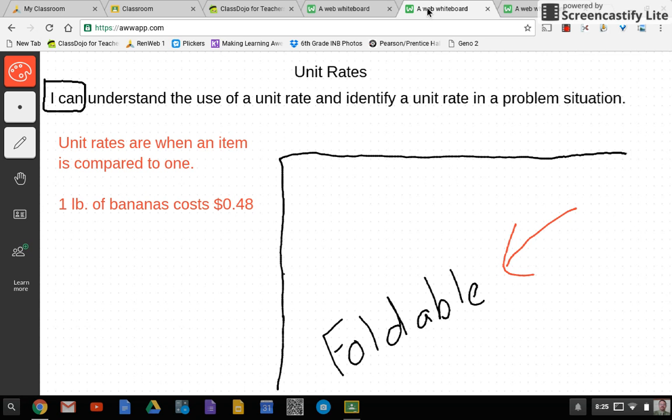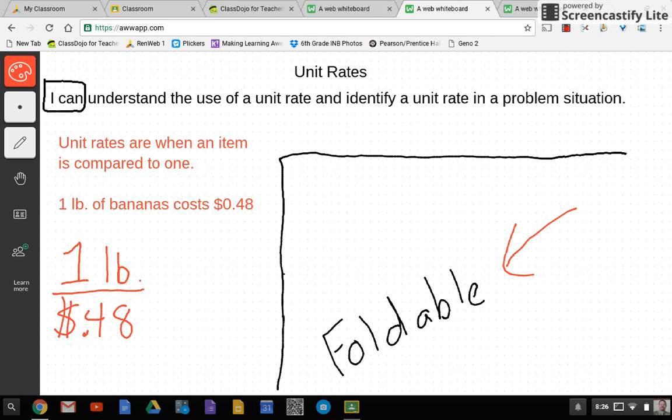So on this example right here, we have 1 pound of bananas costs 48 cents. So I would have this written this way. If I had my unit rate, this would be 1 pound. And pound is abbreviated LB because it comes from an old Latin measurement that was called libres. And each 1 pound is 48 cents.